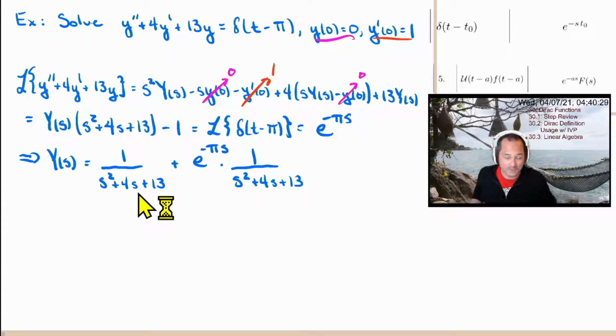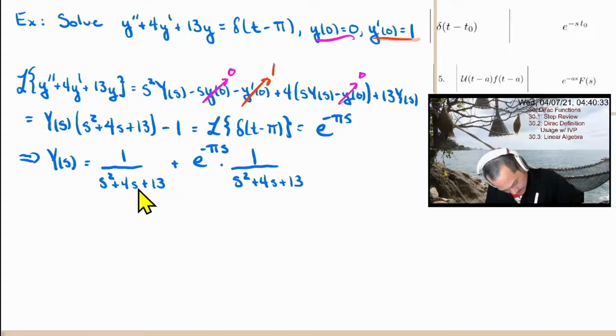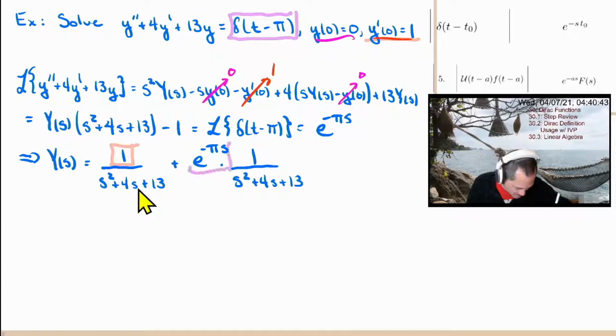This first term here on the Laplace side comes about because of our initial condition. The second term on the Laplace side comes about because of the Dirac function, the hammer hit. So I've got two terms on the Laplace side. They mean different things. I don't ever want to combine them. I want to keep them separate. They came from specific places, and that's a good thing.